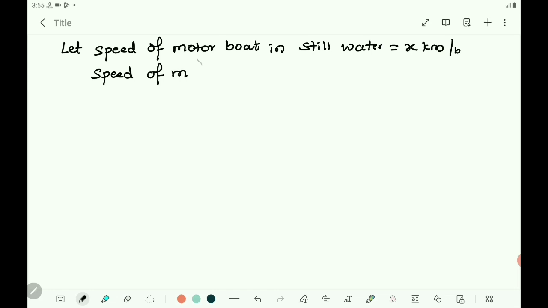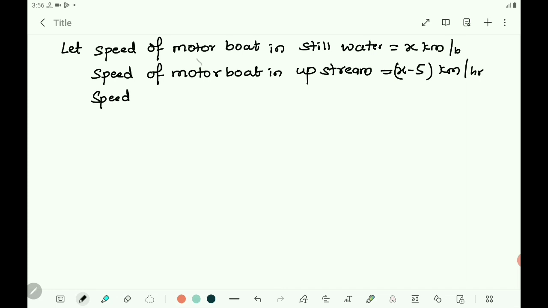Speed of motor boat in upstream, that is x minus 5 because 5 is the speed of the stream, x minus 5 kilometer per hour, and speed of the motor boat in downstream equals x plus 5.